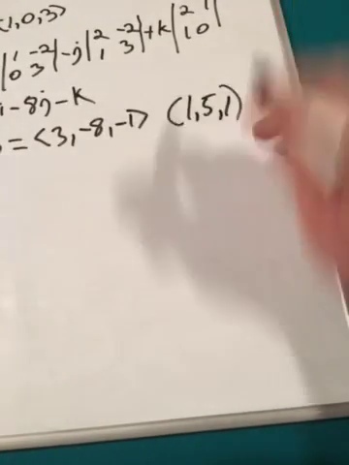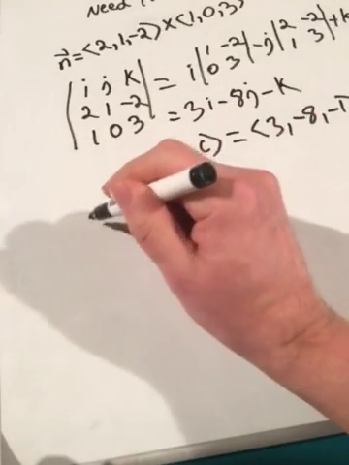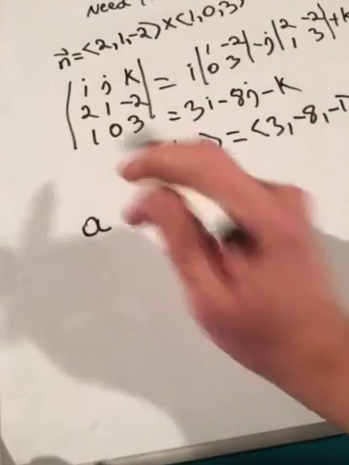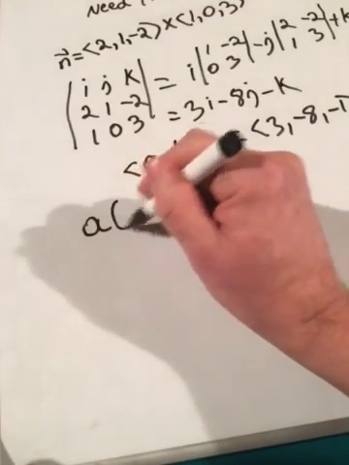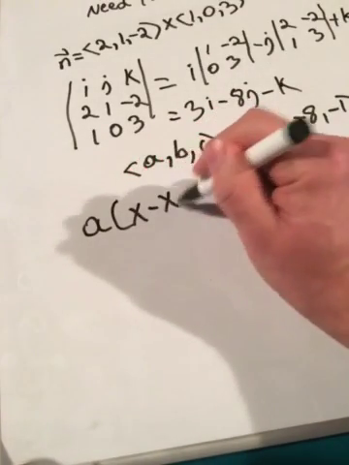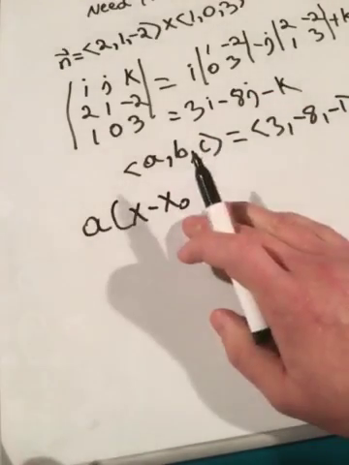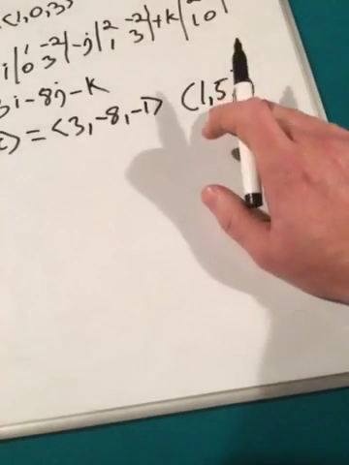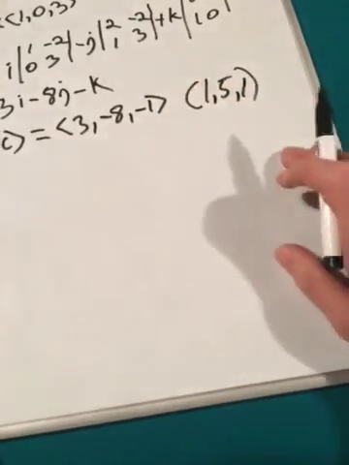Then the equation of a plane is just a, our component here, times x minus x naught. And x naught is just our point's x coordinate. If we're given an x, y, z coordinate, our x naught is just our x coordinate.